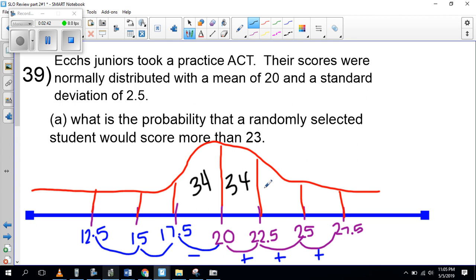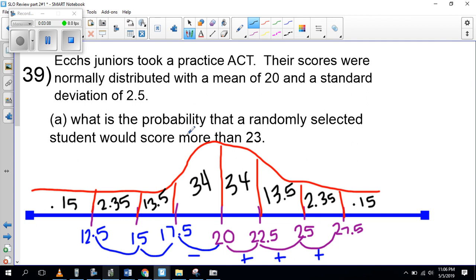Then we have 13.5 on both sides. Then we're going to have 2.35. And then the last one is 0.15.